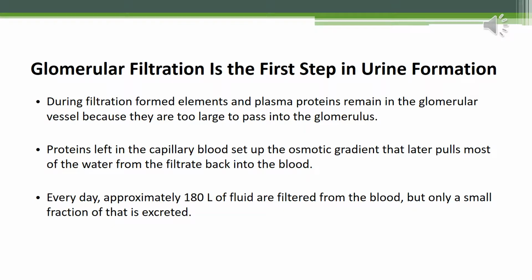And the proteins left in the capillary blood help to set up the osmotic gradient that later pulls most of the water from the filtrate back into the blood. And every day, approximately 180 liters of fluid are filtered from the blood, but only a small amount of this is actually excreted because we return a lot of the water back to the blood.